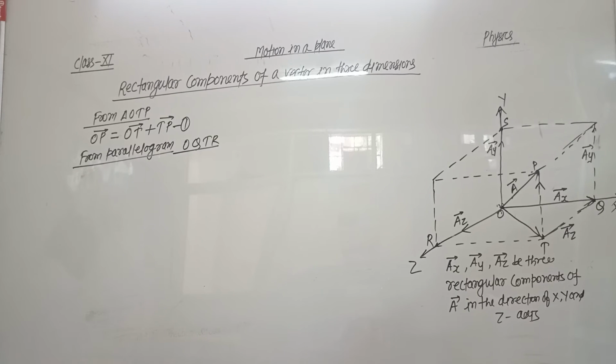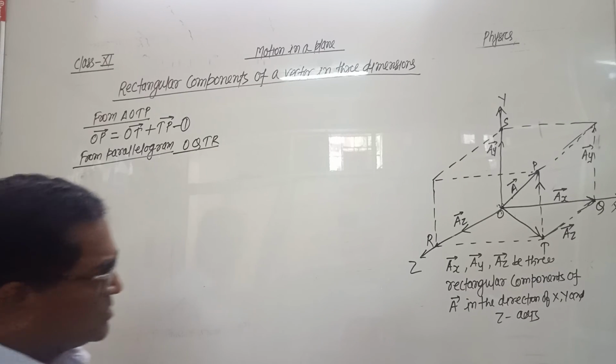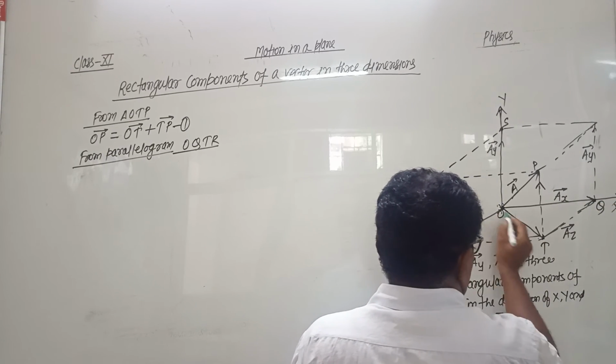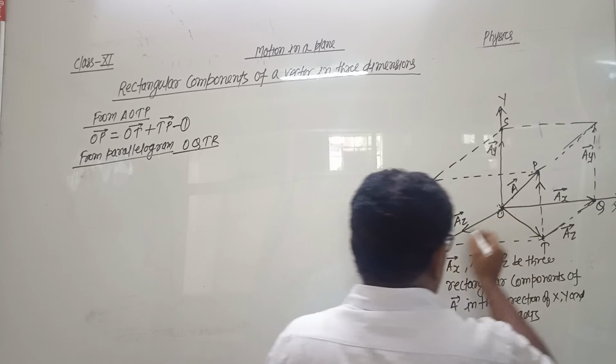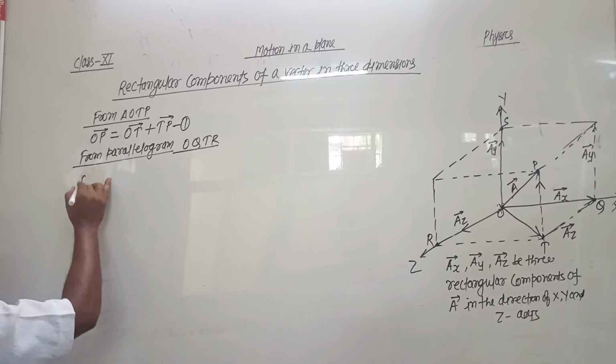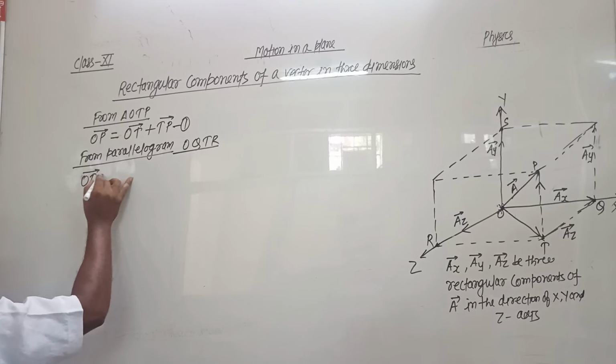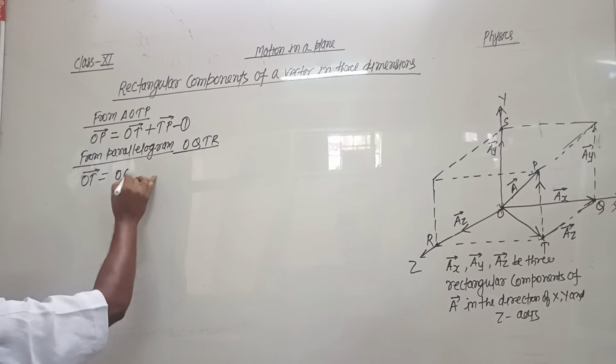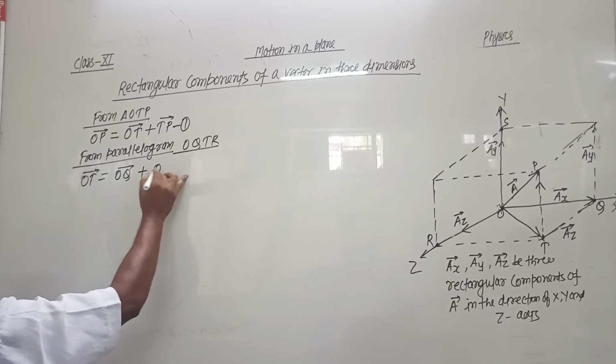So OT equals OQ plus OR. This is the parallelogram OQTR, and the diagonal OT is equal to OQ plus OR. So we can write vector OT is equal to vector OR plus vector OQ, or vector OQ plus vector OR.